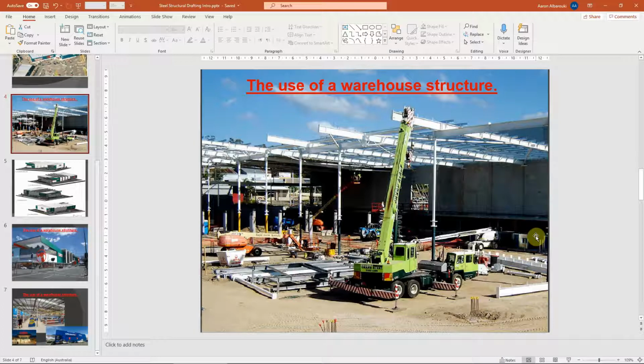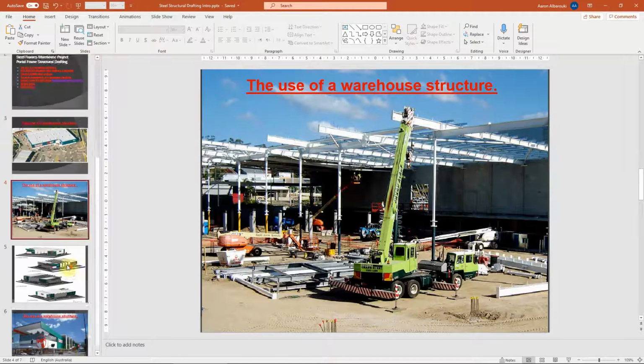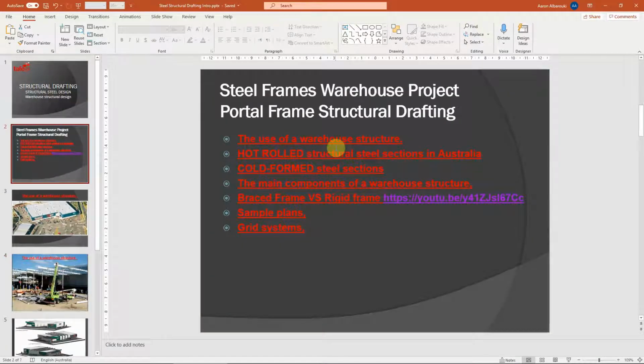But before then, there are important parts that we need to cover. First of all, the use of these types of structures. As we agreed, a wide structure, not too high. We use them a lot in commercial and industrial structures.